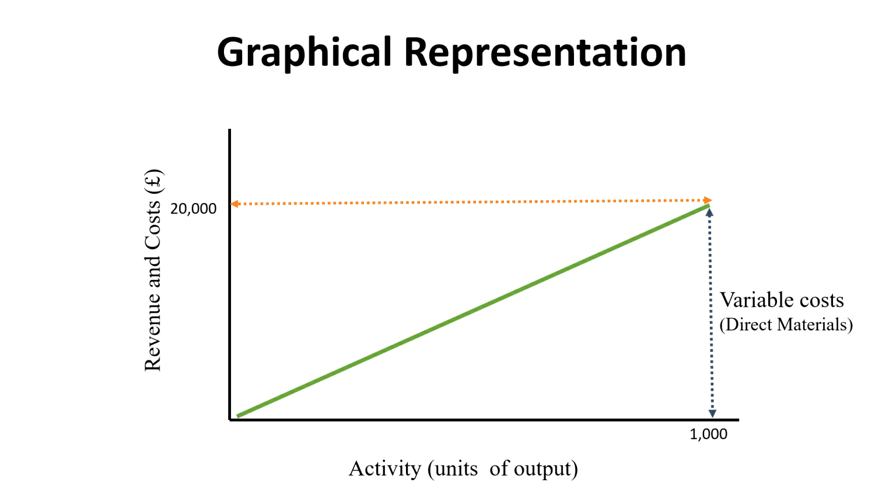So we've got activity on the bottom, the x-axis of the graph, and we've got costs on the y-axis, the vertical axis. So in this case, this illustrates that 1,000 units of activity would result in £20,000 worth of direct material cost, as was calculated a little earlier. So that's what this would look like graphically.